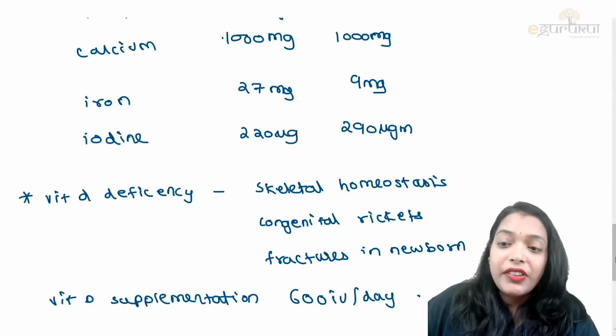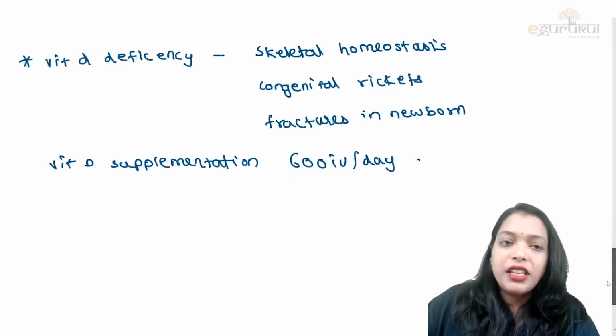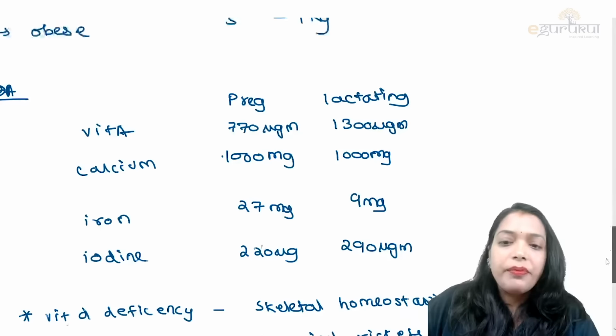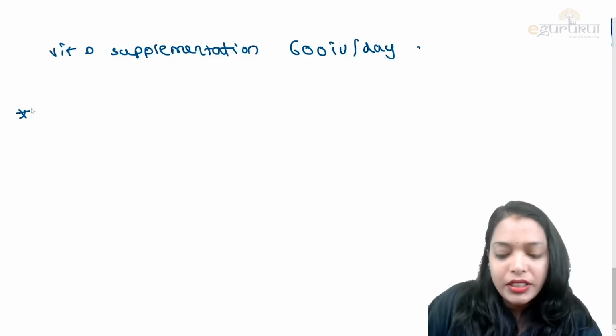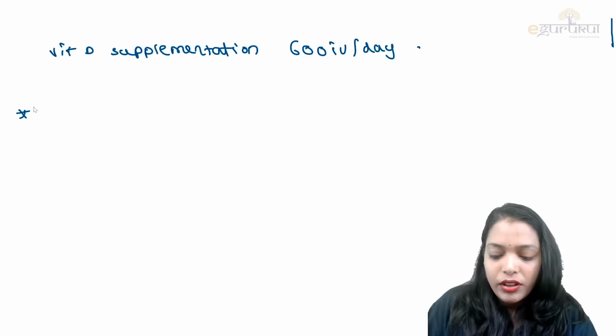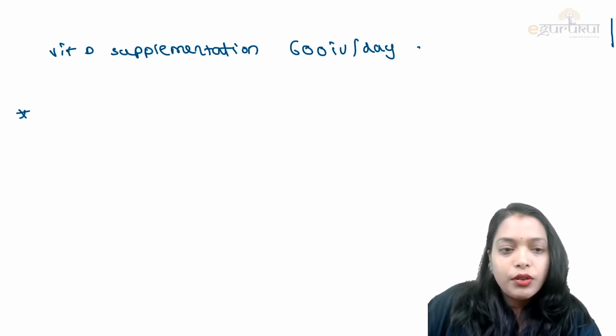Next, even in the investigations there are certain changes. So coming to the prenatal investigations: at the first visit and subsequent visits, what are all the lab tests you are supposed to do? That is the next change.